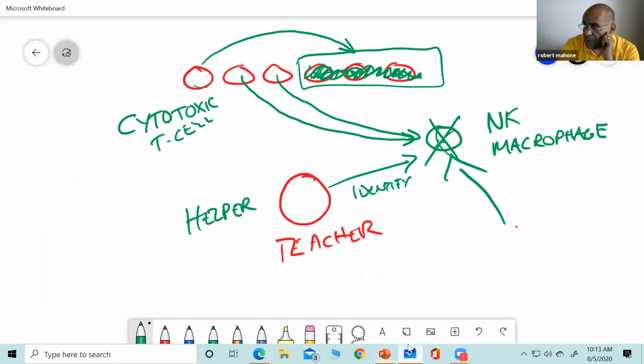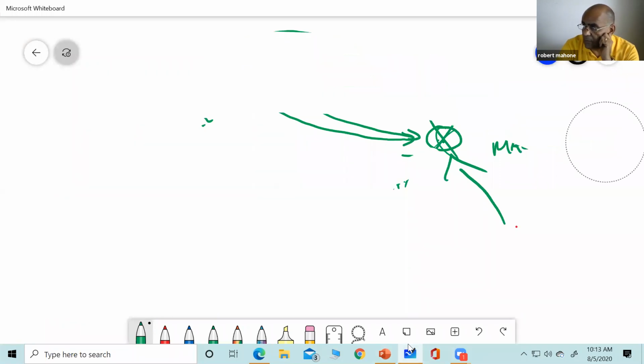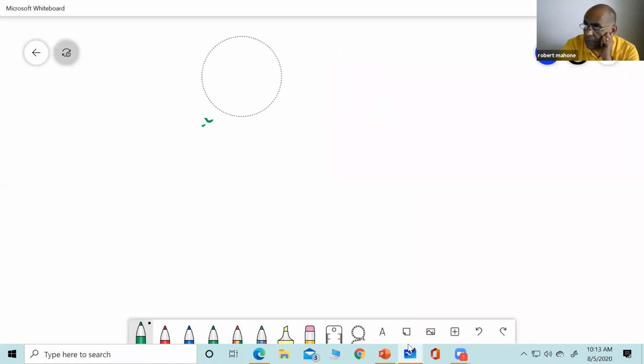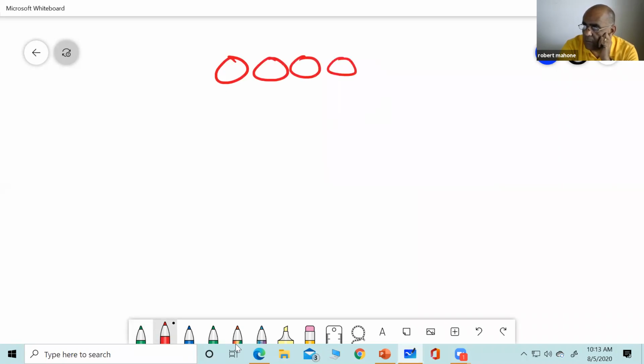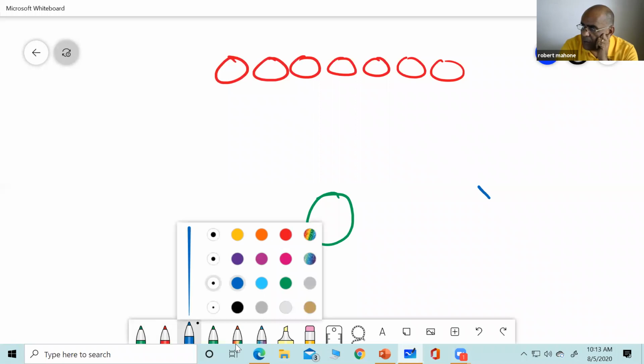So let's look at the scenario of the classroom again. You have a classroom full of students with the teacher up front. The virus comes in.